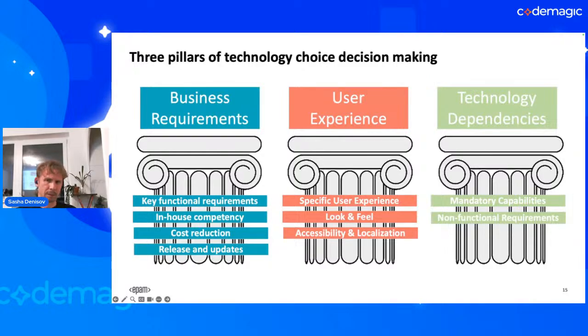These are standard things like performance, security, scalability, etc. So, considering these three pillars helps us to make a well-rounded decision that aligns with both our business and technical needs.